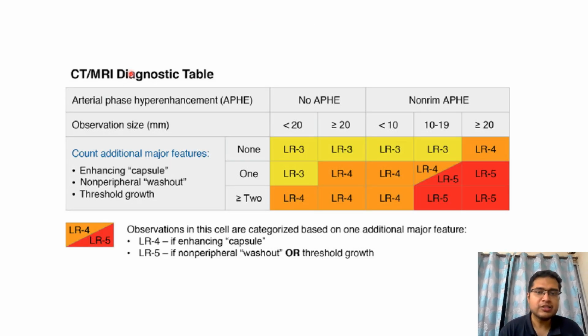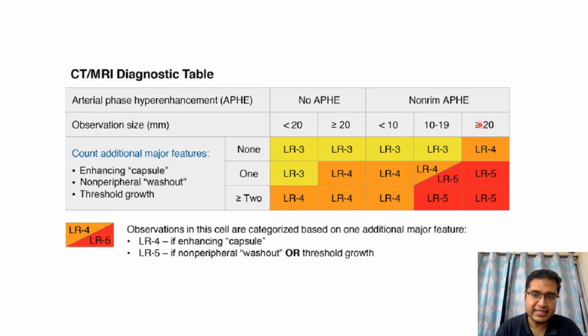Coming to LI-RADS proper, what are the major criteria that form LI-RADS? In LI-RADS, a lesion is called an observation. The first important criterion is arterial phase hyperenhancement. Second is observation size. The remaining 3 major criteria include enhancing capsule, non-peripheral washout, and threshold growth. So what is a typical LR5, or typical hepatocellular carcinoma?